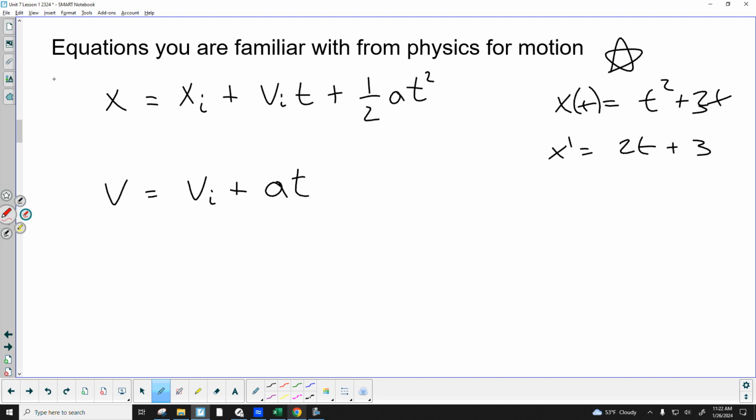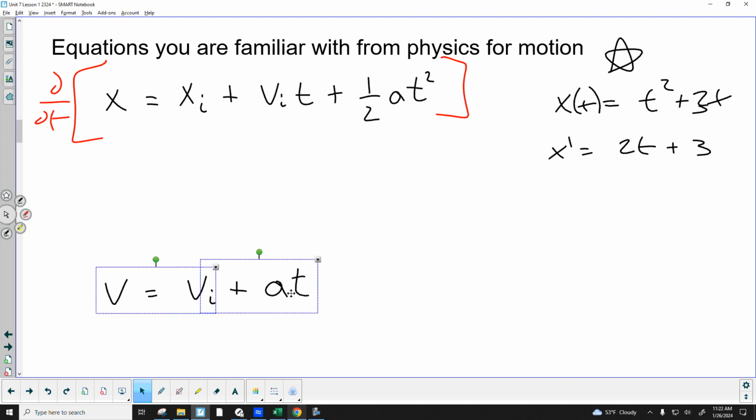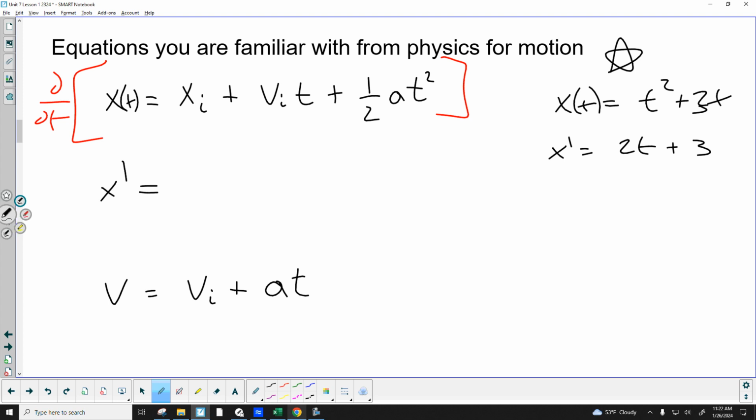I'm going to take the derivative of this equation. Now, the derivative of x, I'm not going to say is 1. I'm going to say the derivative of x, this is an x of t, is x prime. Now, this x sub i is a number. It's an initial position.